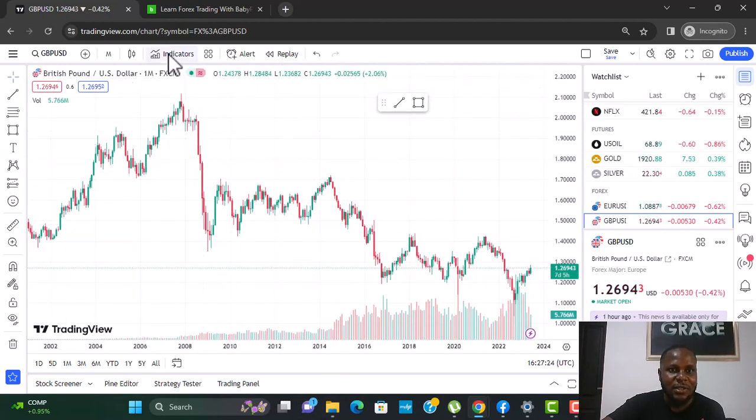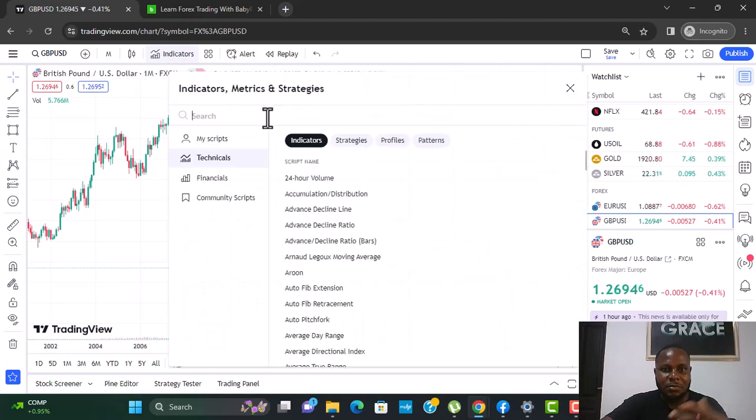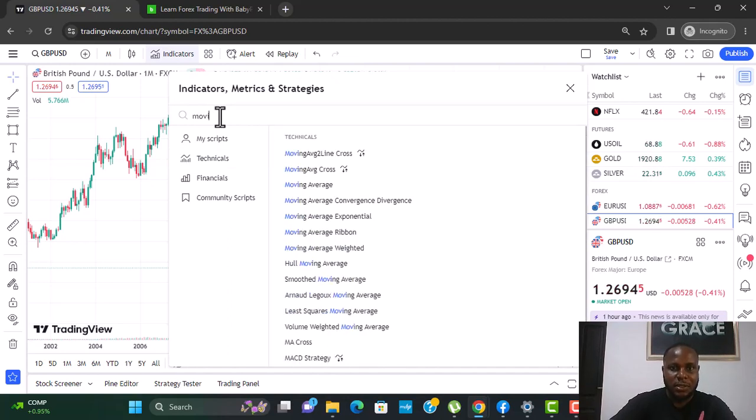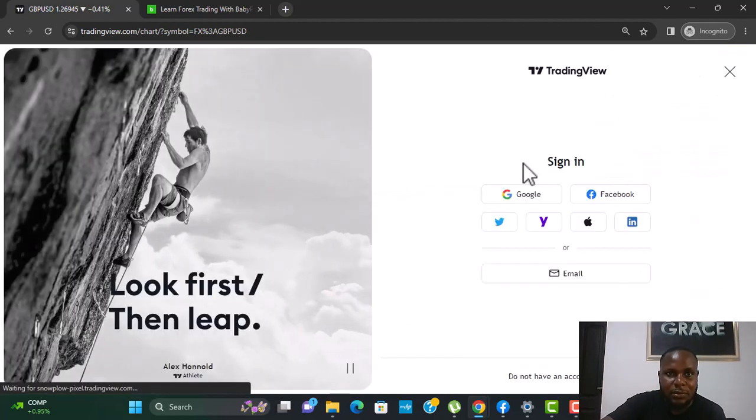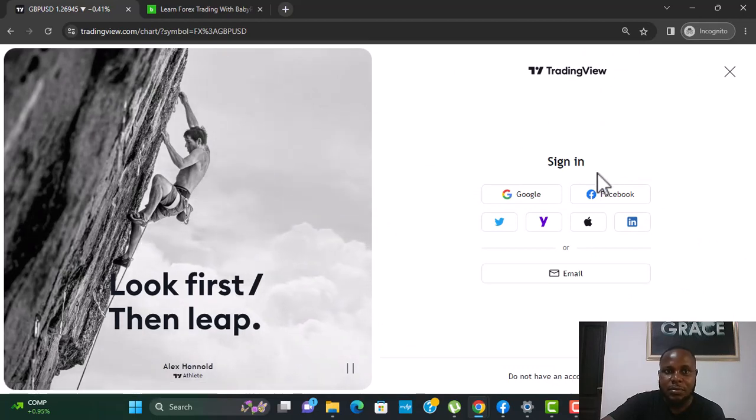Here you can add your indicators. For the purpose of this tutorial, I'll be adding a moving average, the exponential moving average. This thing is always prompting me to join.